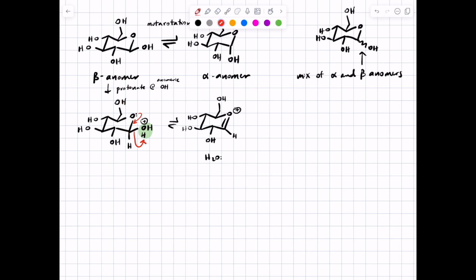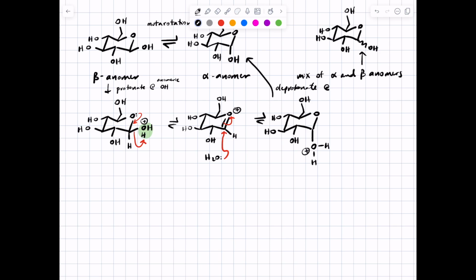But if it attacked from the bottom face, we would instead get the protonated form of the alpha anomer, which of course we could then deprotonate at the anomeric OH to give us our alpha anomer.